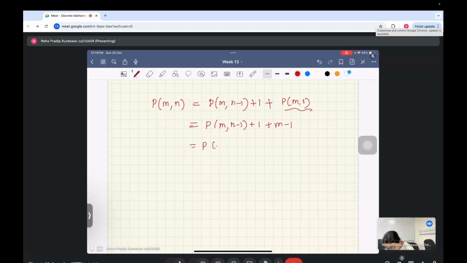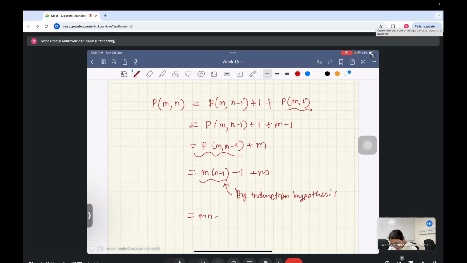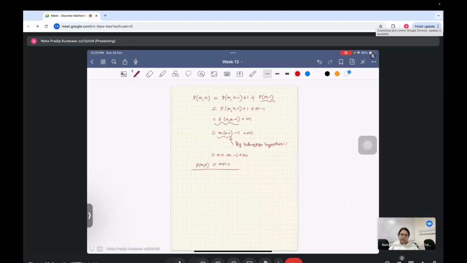This is from the previous example, and this is something that I know is going to be m times n minus 1 minus 1 because of the induction hypothesis. And this turns out to be mn minus m minus 1 plus m, and this is nothing but mn minus 1. So okay, that is essentially the solution.